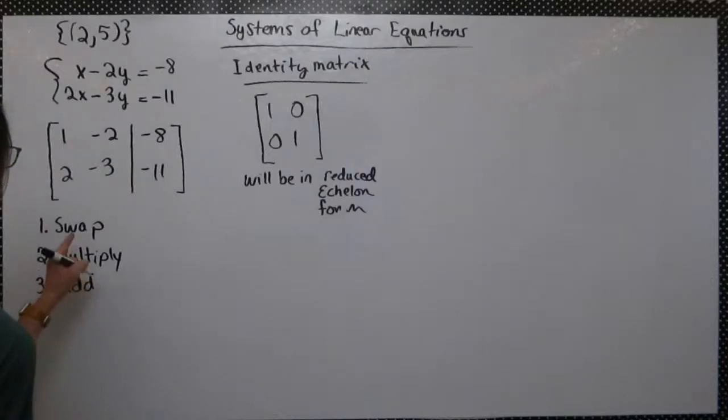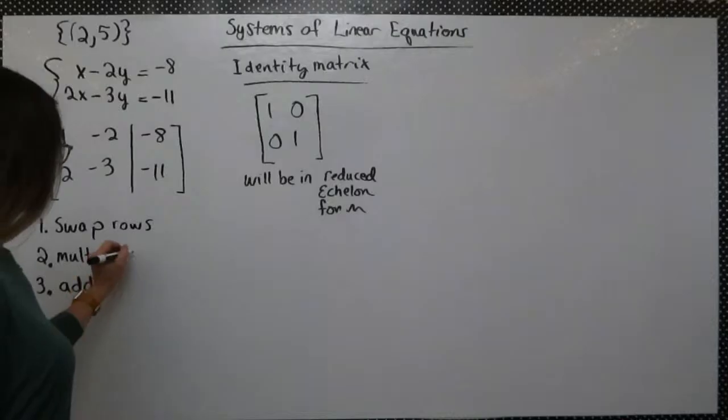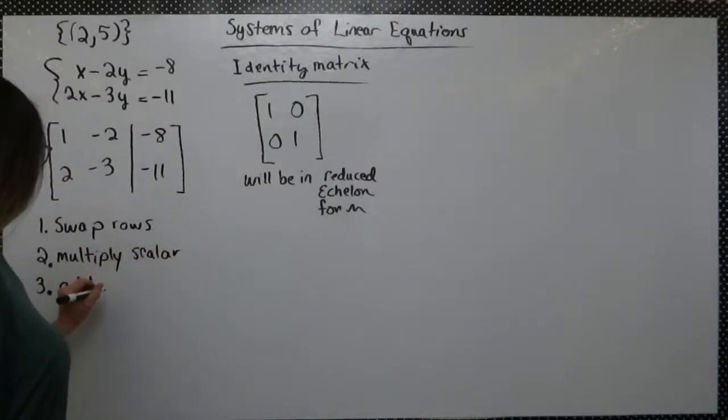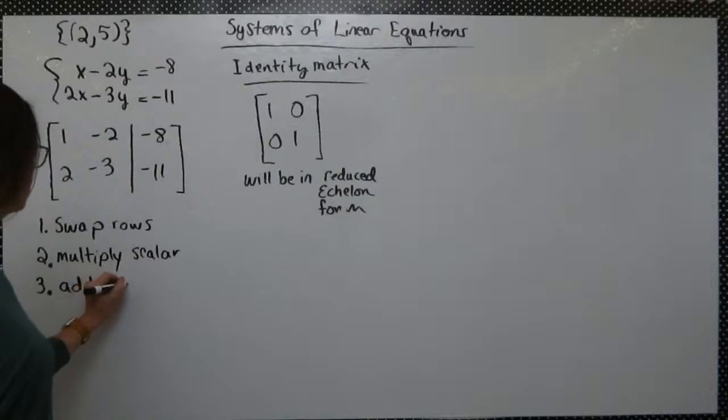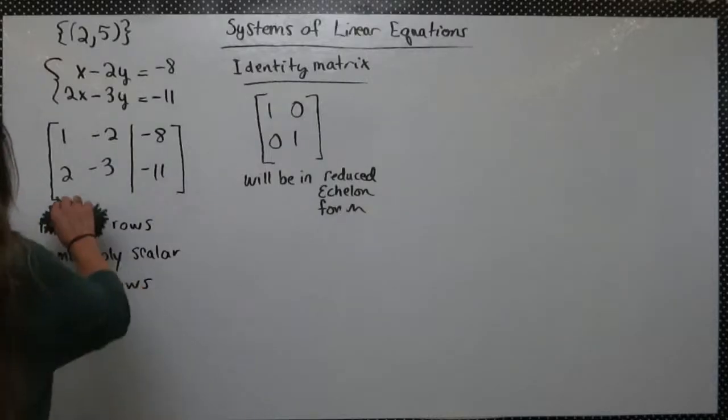So swap rows, multiply by a scalar, or add rows. These are your elementary row operations. Let's put that in here.